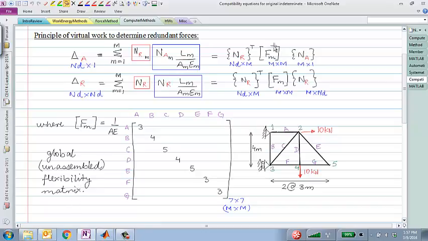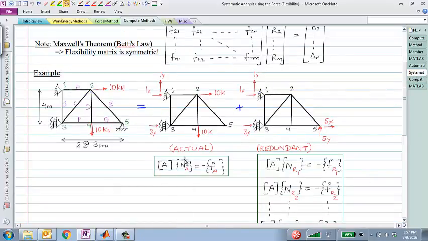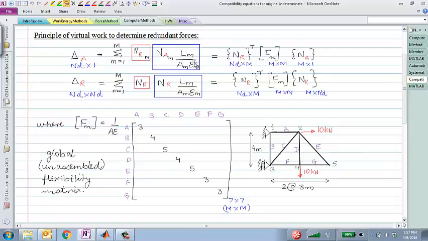So if I take F, this matrix, times the N vector, which is the vector of internal forces for actual loads, which we obtained on the previous page, right here, NA. If I multiply those two matrices, I get my real displacements. Take those, multiply them with the virtual forces, and I get my actual displacements.